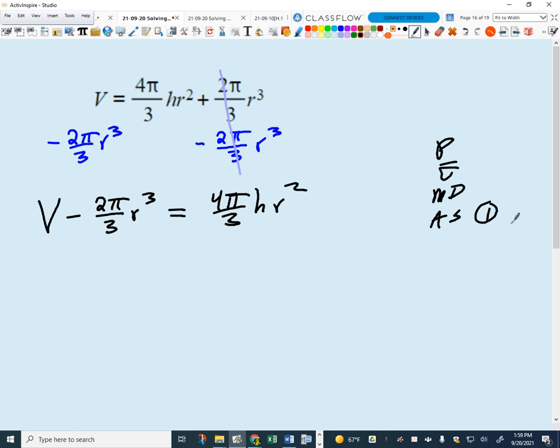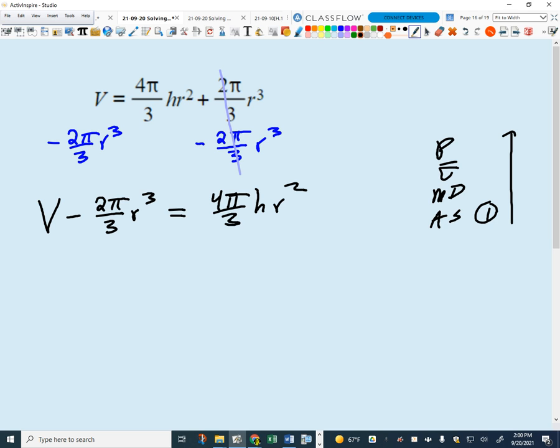So with order of operations, first thing we did was we subtracted. Is there anything I need to multiply or divide both sides by? Trying to get the h by itself. Okay. I could divide each side by 4 pi over 3, but with fractions, instead of dividing, we multiply by the reciprocal, right?